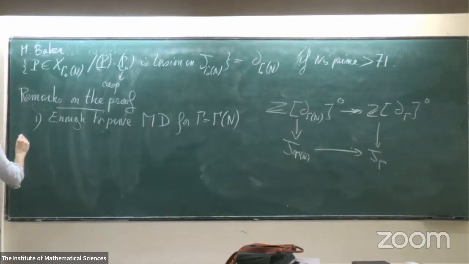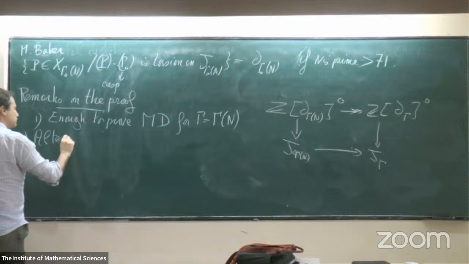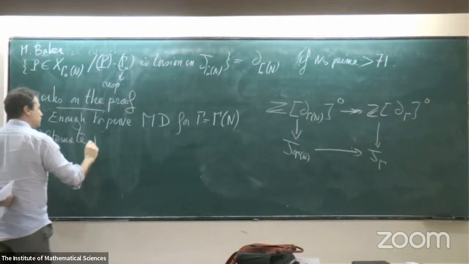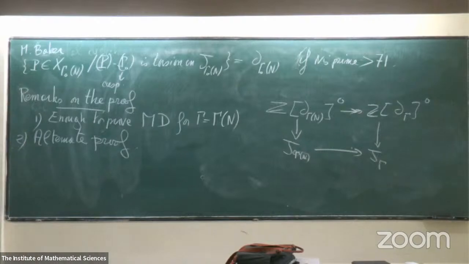Okay, so I'm going to describe the Manin-Drinfeld proof today or the next time, but there is an alternate proof, in the case where I get the Jacobian of X_0(N) for N prime.